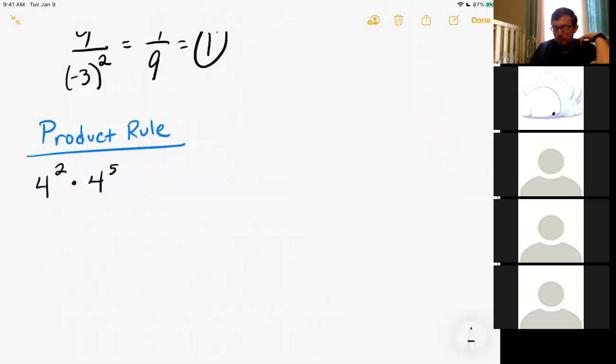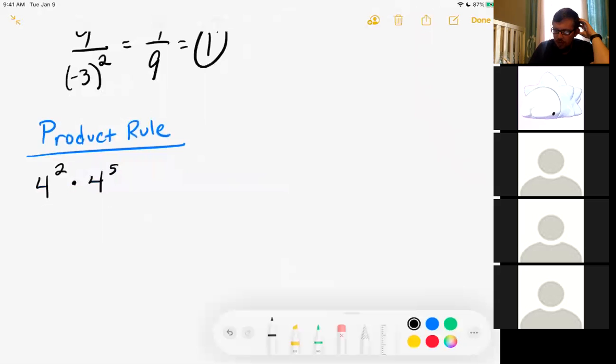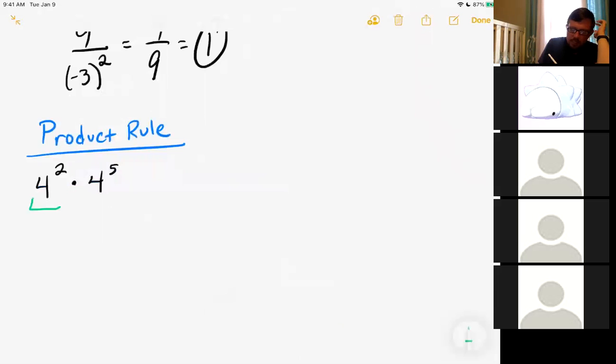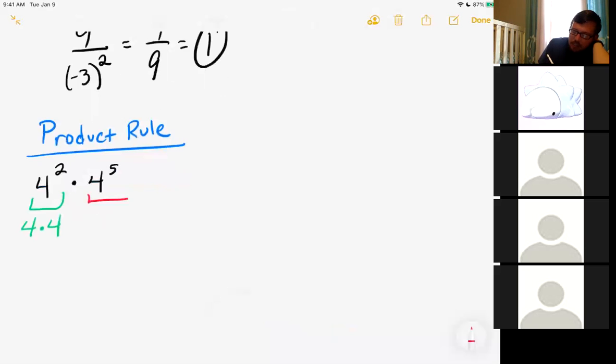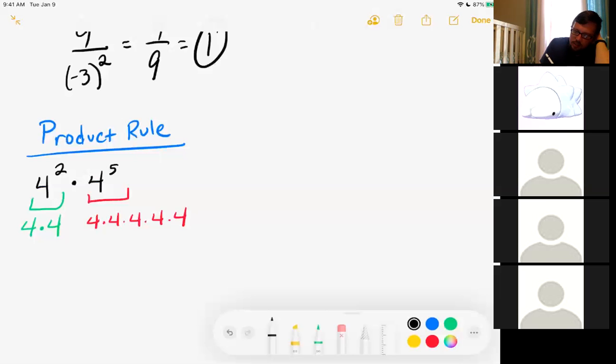So here's the long, stupid way to do it. 4 squared is the same thing as 4 times 4, right? 4 to the 5th power is 4 times 4 times 4 times 4 times 4. And I'm multiplying these two things together.